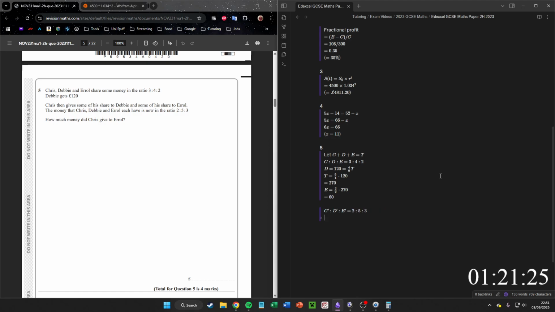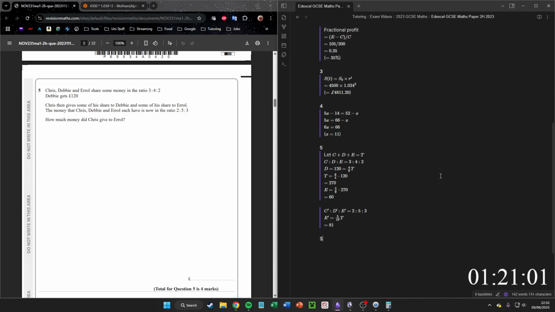And then we can say that that means that E prime is equal to 3/10 of all of the money. And that's Errol's money after Chris has given it to him. Sorry, 3/10 T, I should say, which is equal to 3/10 of 270, so 27 times 3, 81.